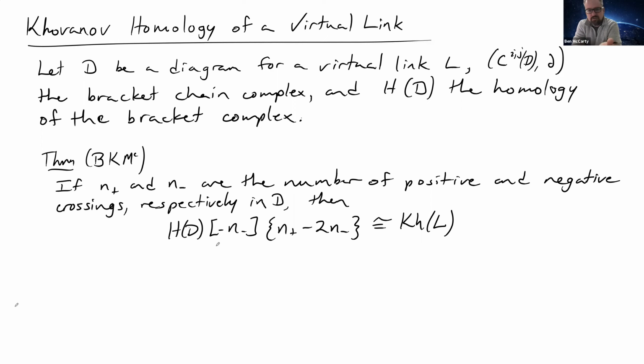Define them as we've described here, right? Take the homology of that complex, and that's going to be the bracket homology. Then shift that bracket homology in exactly the same way that we did for a classical link. That's what we're calling the Khovanov homology of the virtual link L.